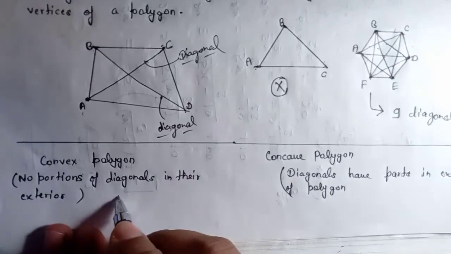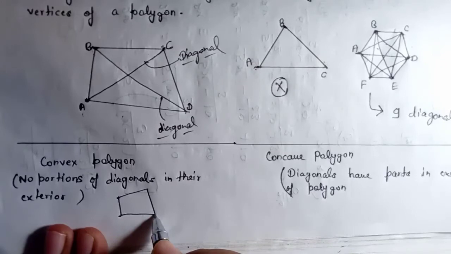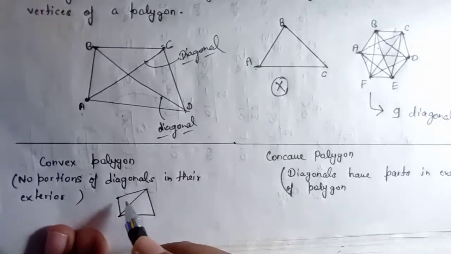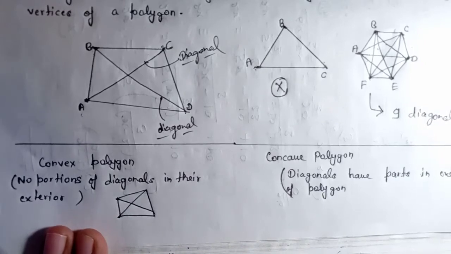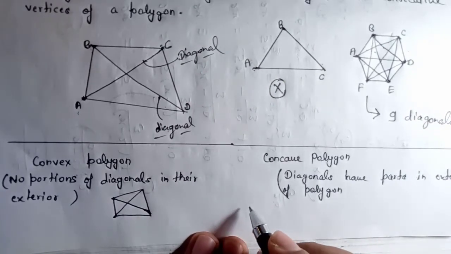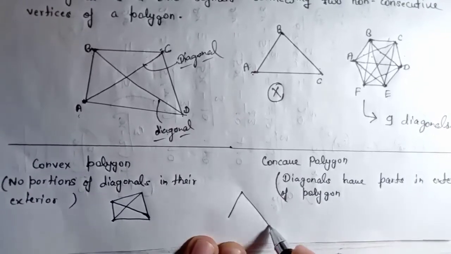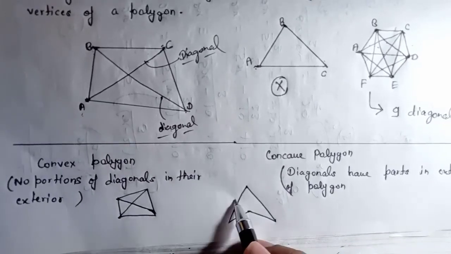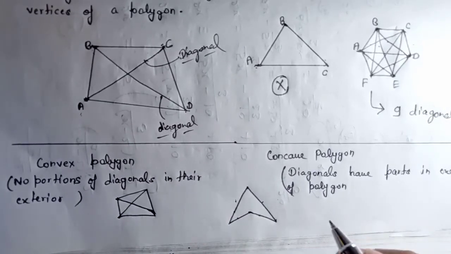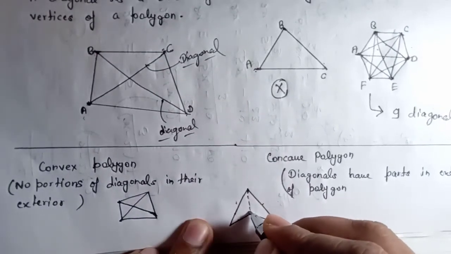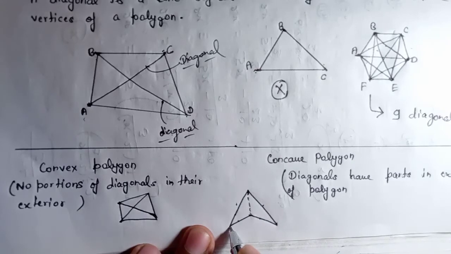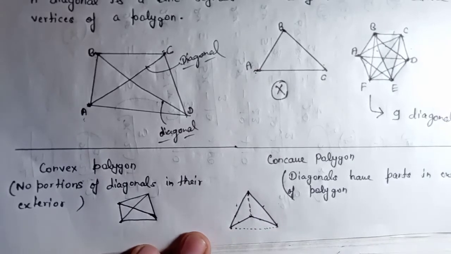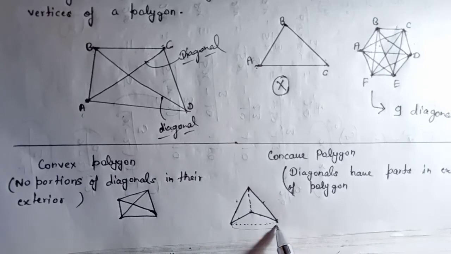See, in this polygon, diagonals lie inside the polygon. You can see there is no portion of diagonals in their exterior, but in another case you can see we have another quadrilateral, first, second, third, fourth sides are given, and this is the diagonal first and this is the diagonal second, because these are not the consecutive points, and these diagonals lie outside the interior.